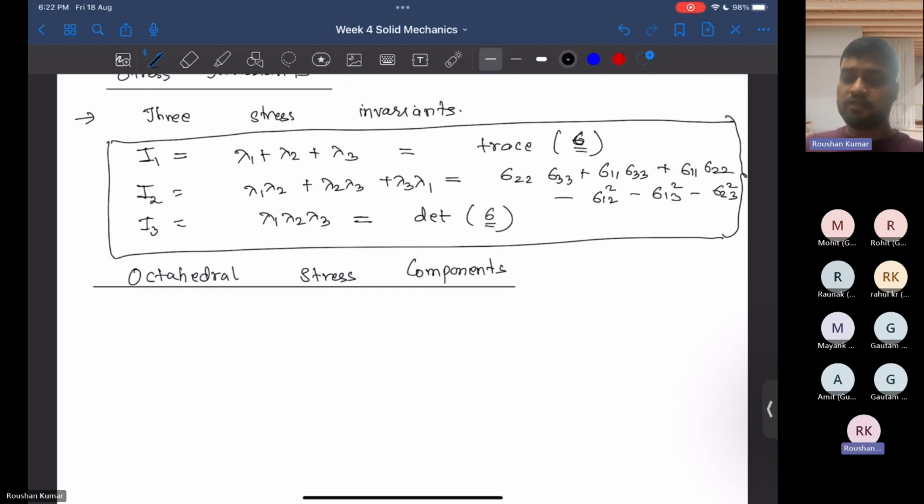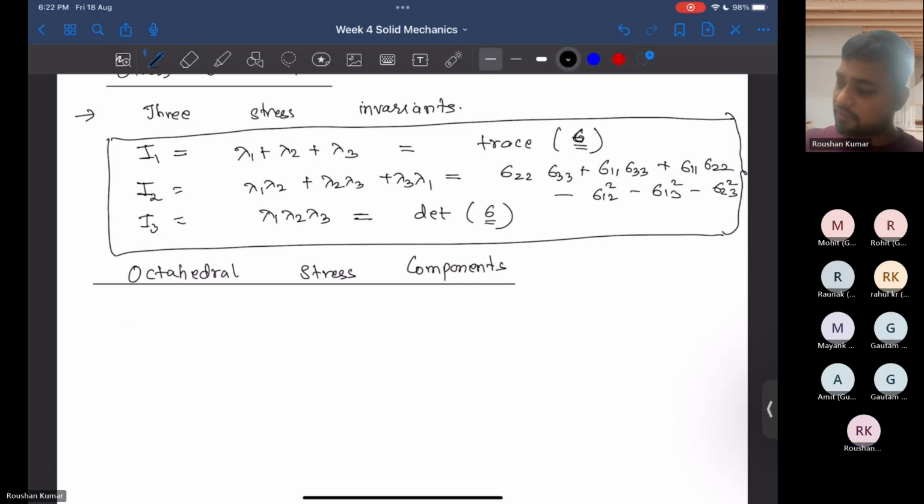So what is an octahedral stress component? First we define the octahedral plane. Octahedral planes are the faces of an octahedron having 8 faces, whose normal has the following form. The octahedral stress component corresponds to the octahedral plane, which is nothing but a face of the octahedron.